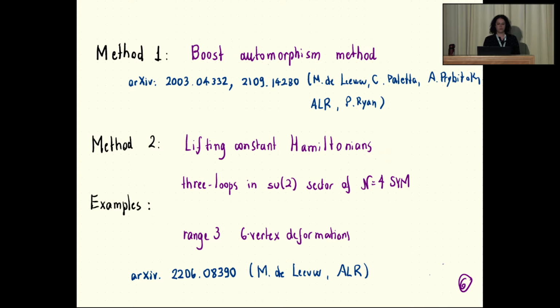The second method can be very easily applied for long-range spin chains, and I will show two examples. We computed the three-loop Lax operator and the R-matrix for the SU(2) sector of N=4 super Yang-Mills, and we also derived three six-vertex deformations using this method. This is a project I did with Marius at Trinity.